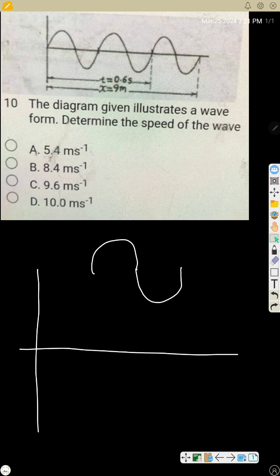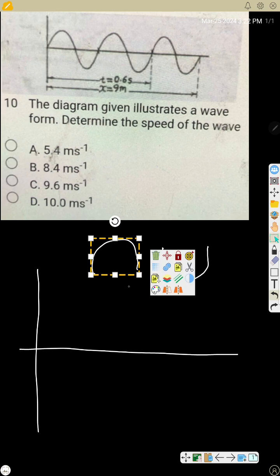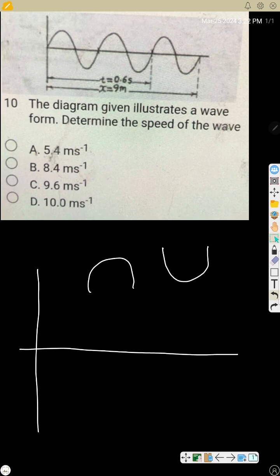So if I move it and put it this way, this will form one cycle like this. So it will look like what you have here. That means this is one complete cycle.